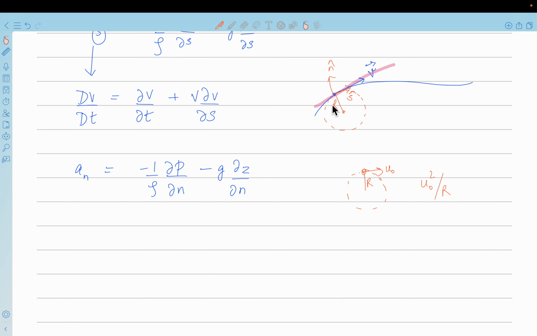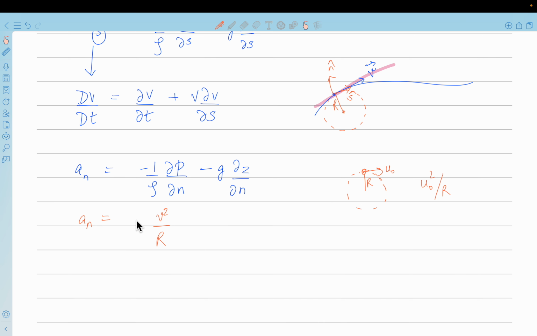So there is an instantaneous circle. Instantaneous because in the next instant, as the fluid element moves forward, it is possible that this circle has become a much larger or a much smaller circle. So the circle radius itself is changing in time, which is okay. But at an instant, I can write that an is proportional to the velocity, the same velocity as we have written here. So v square by r.